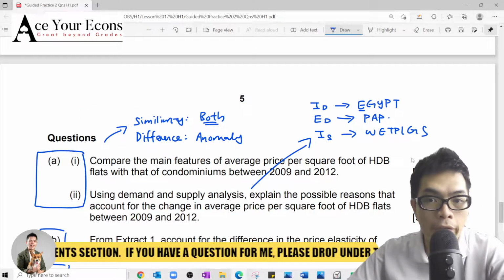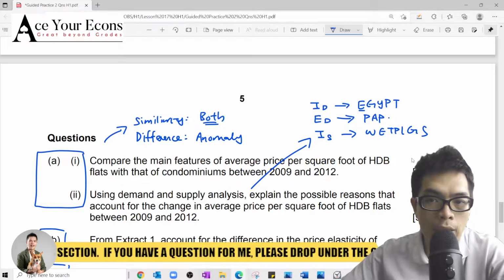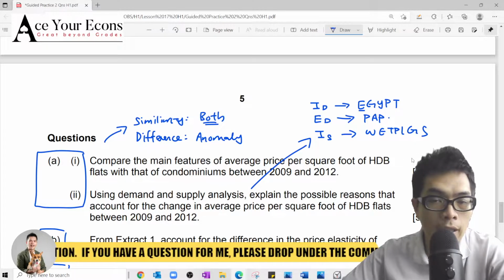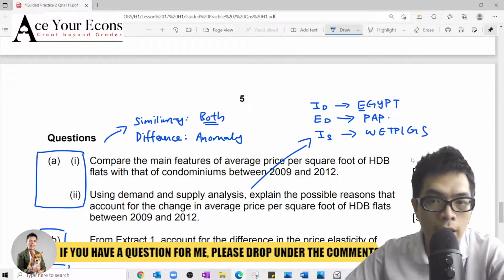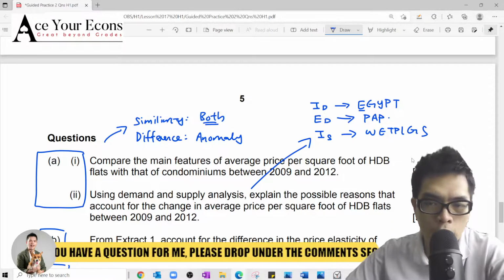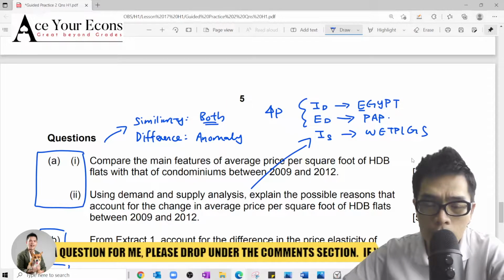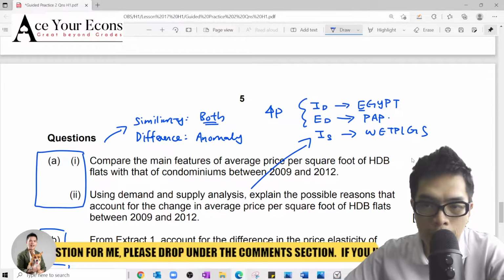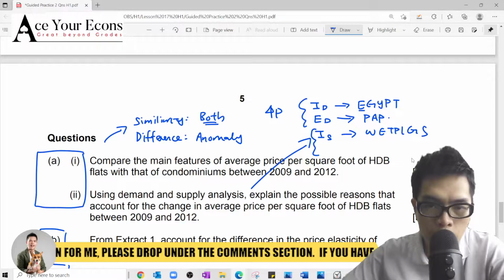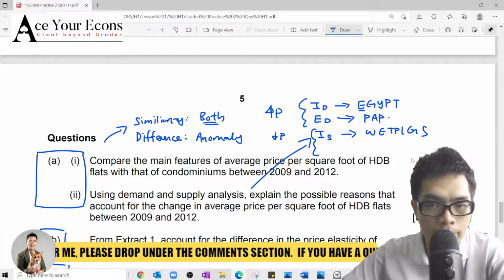What is an opposing factor? It simply means that it goes against the earlier demand factors. Earlier on, we said that there's an expectation of future price, and this will exert an upward pressure on price, right? So the supply factor that you pick here should oppose the initial factor.